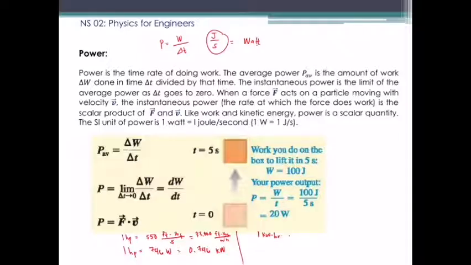So that is the unit of electrical energy, class. Energy. So that is 10 to the power 3 joules per second.